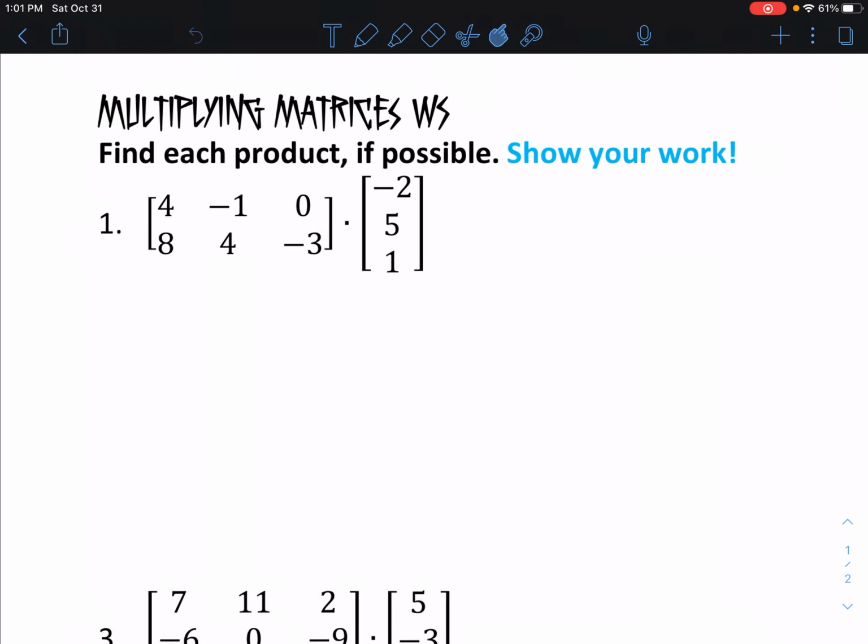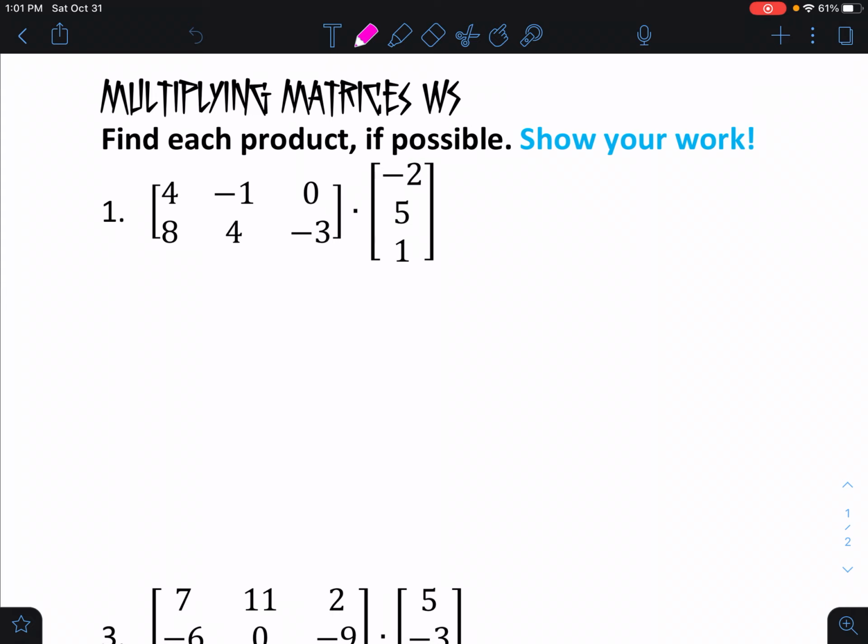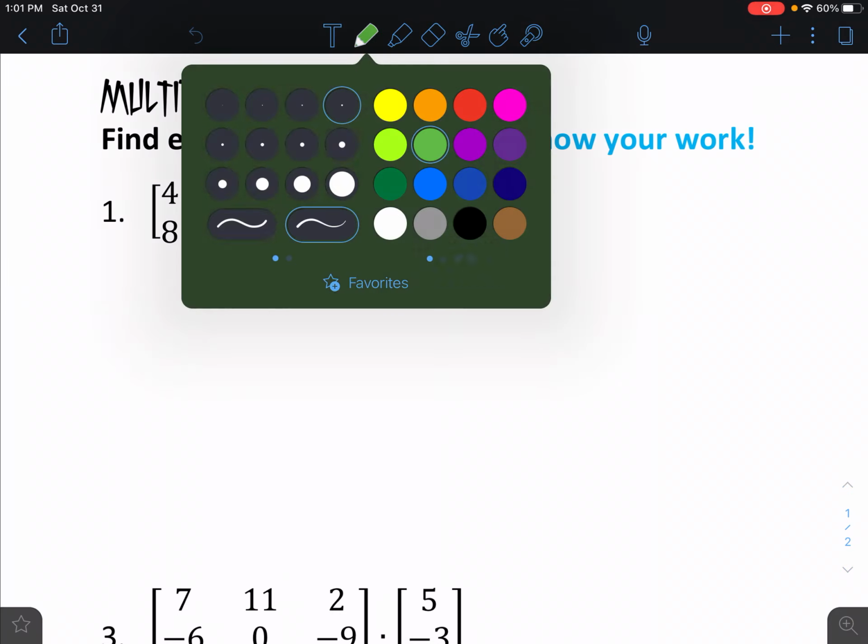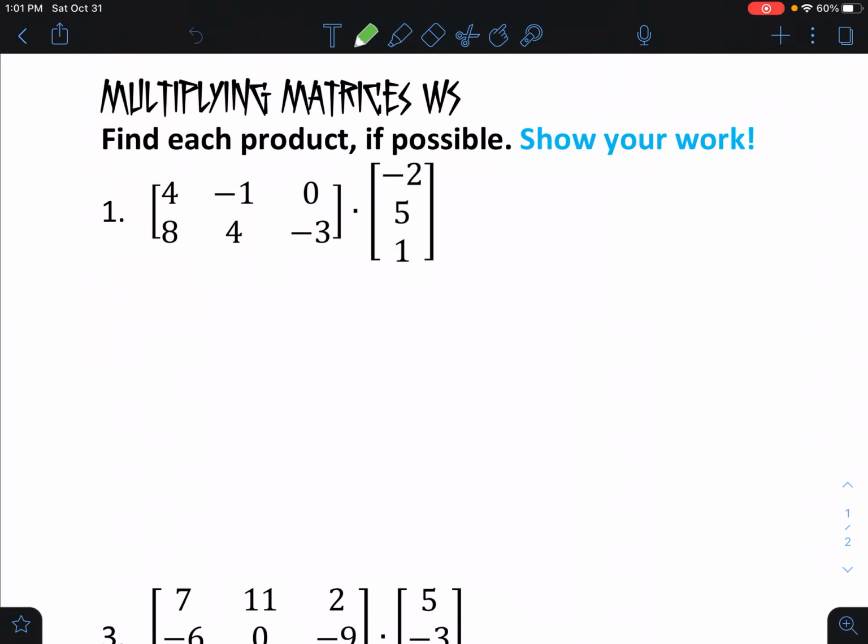Okay, so first thing, as before, we want to make sure that we can do this. So I'm gonna write my dimensions, and take your time with this. Do it right. So make sure you don't mess this up. This is a 2 by 3 matrix, and this is a 3 by 1 matrix. So now notice the inner dimensions are the same here, so we're okay.